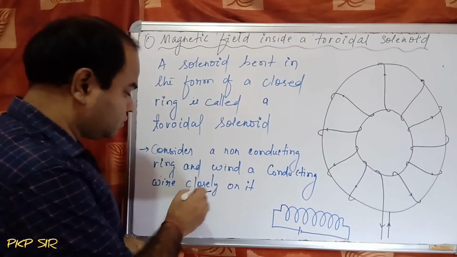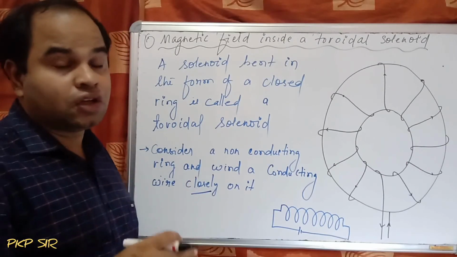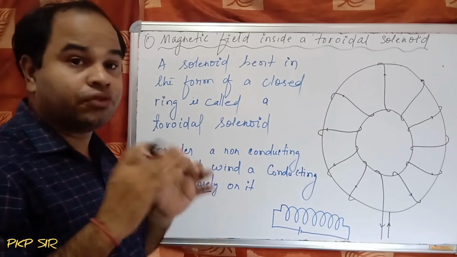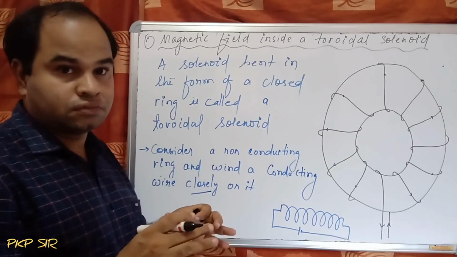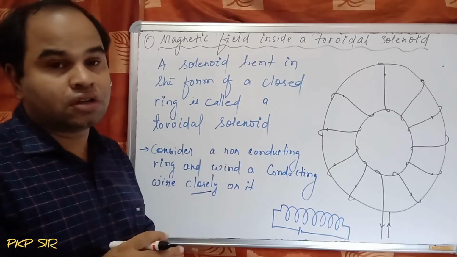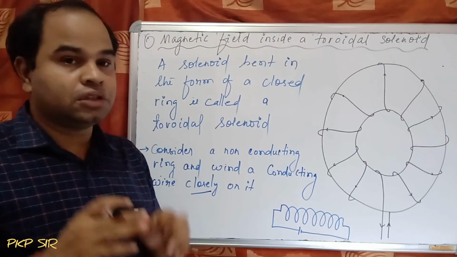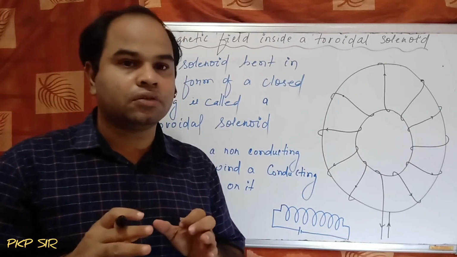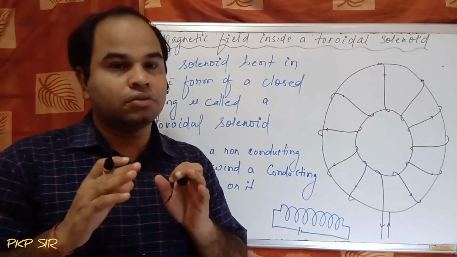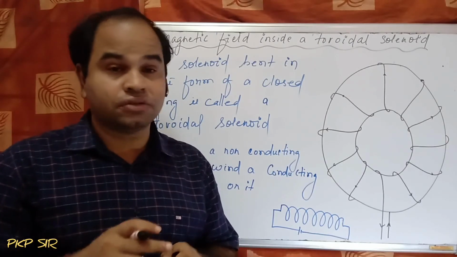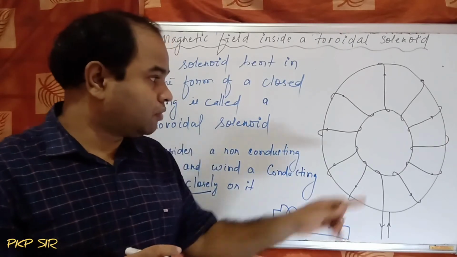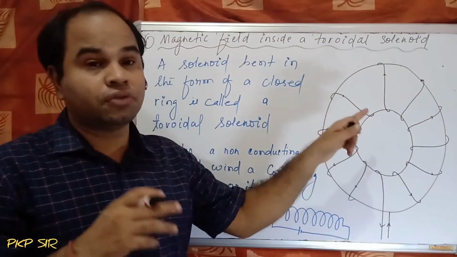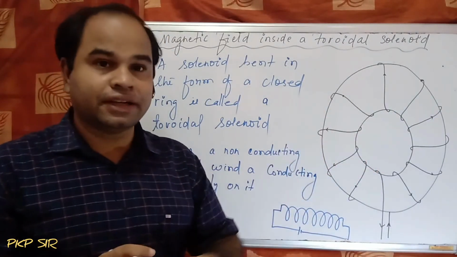This is important. We will wind a conducting wire very closely on the non-conducting ring. When we wind the conducting wires very closely in the form of a ring, we will get a toroid.